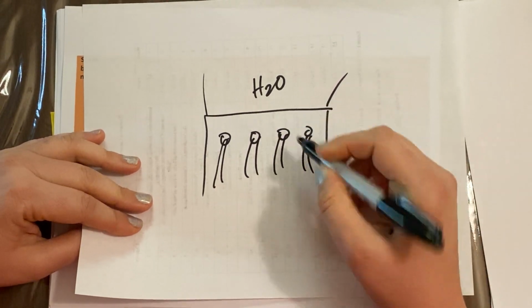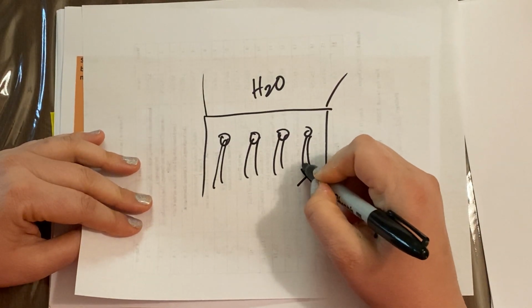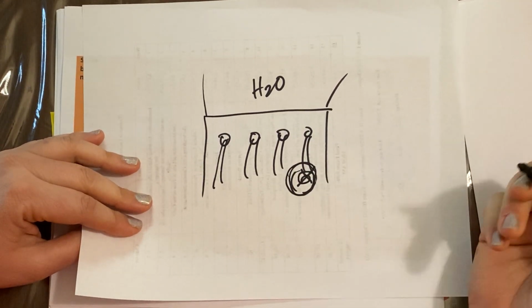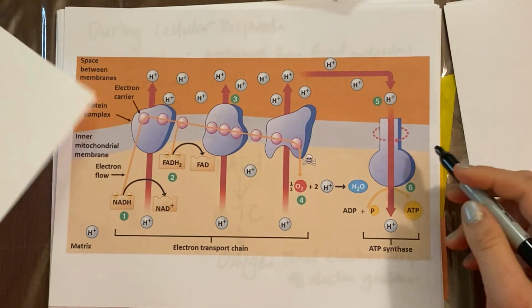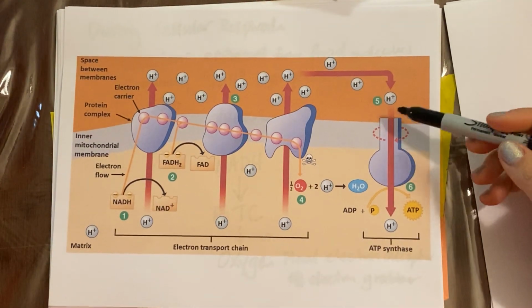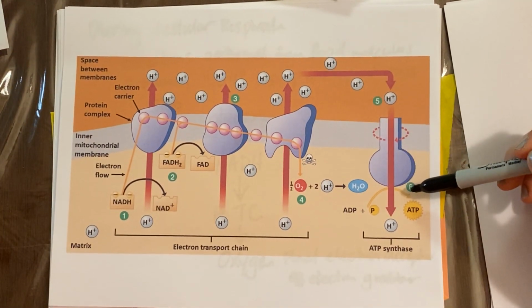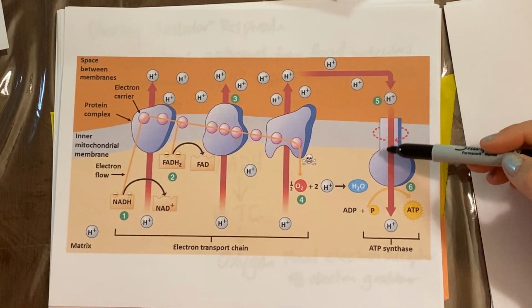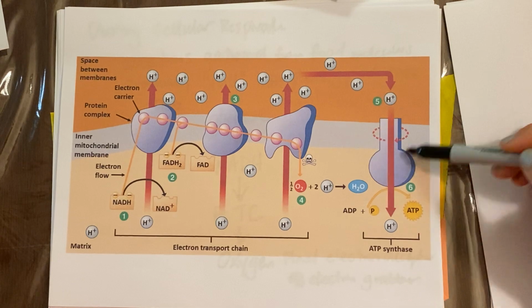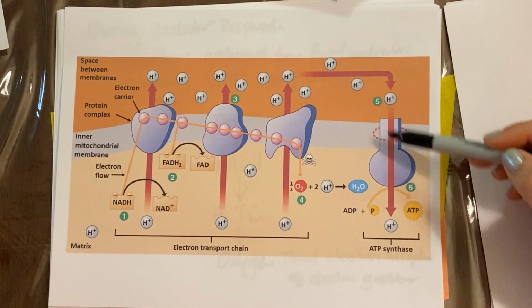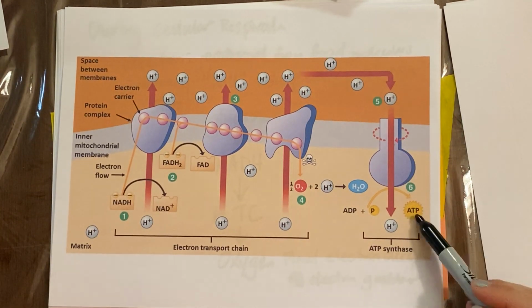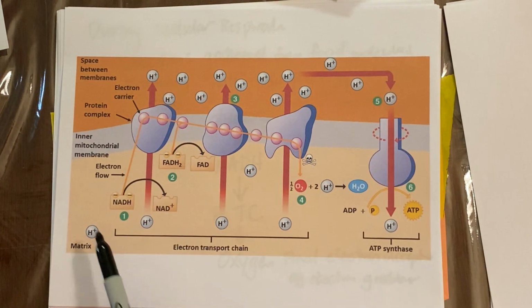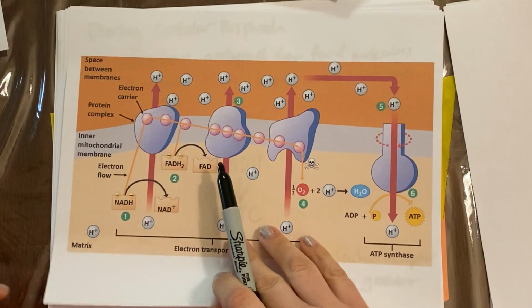As it falls out, it can turn turbines, and as they spin, they produce electricity. Similarly, ATP synthase is an enzyme that allows hydrogen ions to run through it, and it spins, and as they rush back through, they produce ATP in really high quantities. This is what the electron transport chain looks like.